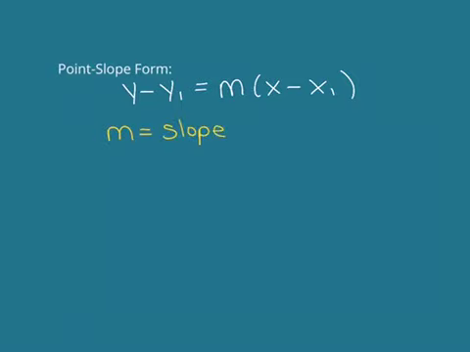And then these other two values here, y1 and x1, those come from an ordered pair, which is any point on the line. So unlike slope-intercept form where we need the y-intercept, in point-slope form, all this gives us is the slope and some other point on the line. It doesn't necessarily need to be the y-intercept.